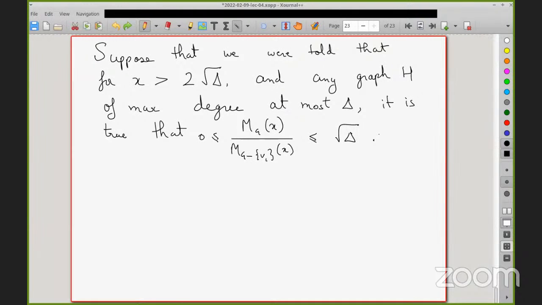Suppose someone had told us this thing, for all graphs.